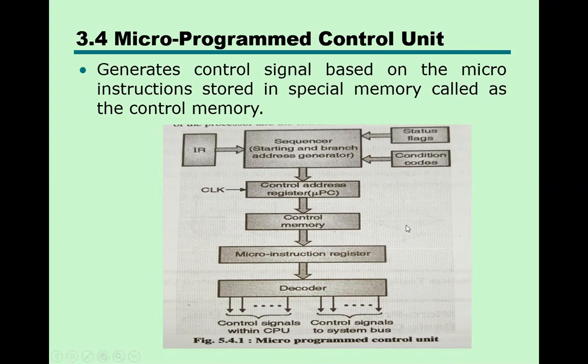So this control address register selects one of the instructions having a control signal. It means the instruction that is going to execute. Now he has selected one micro instruction, right? What will be the next task? The next task is control memory.